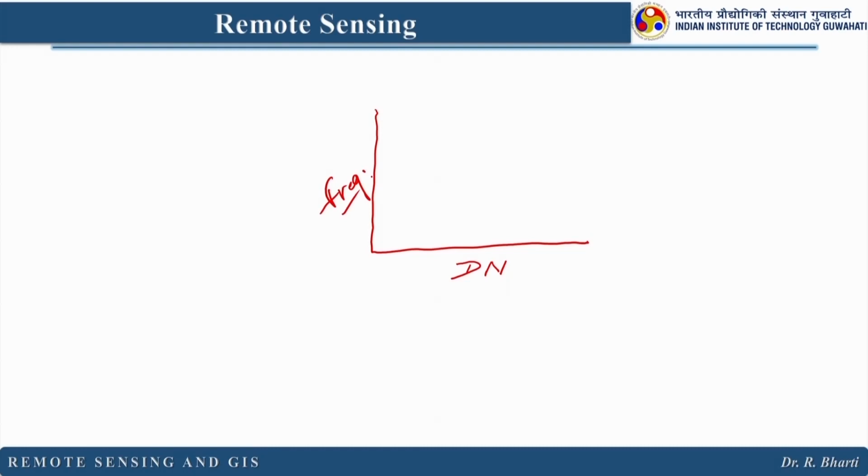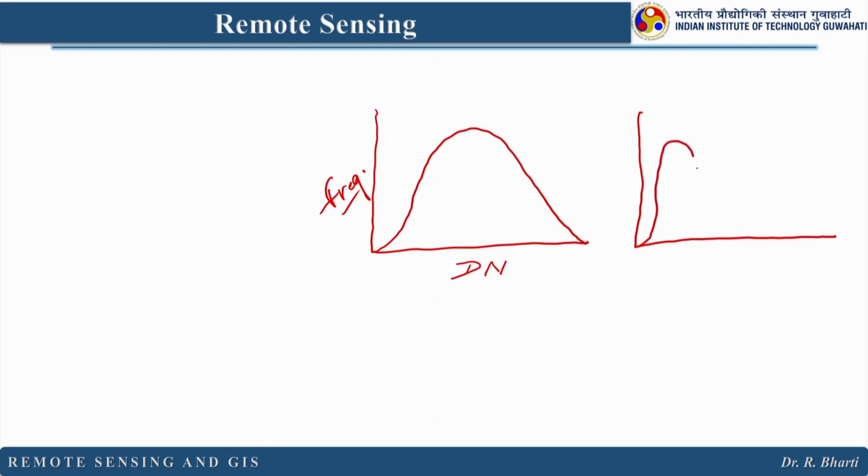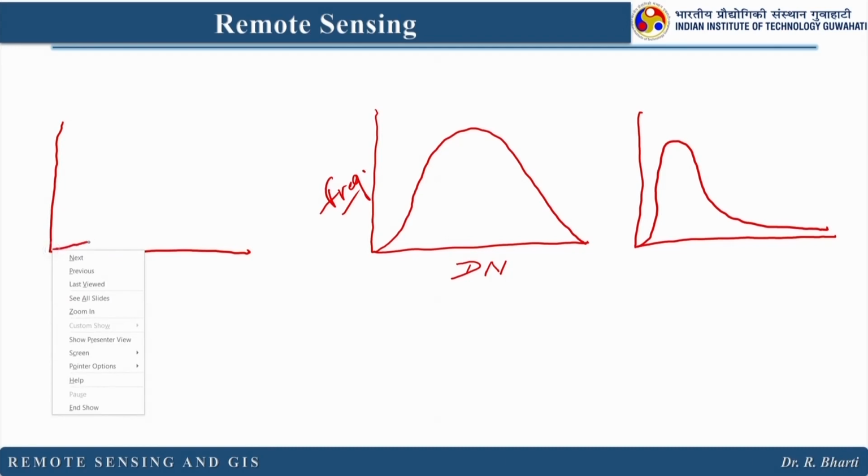For a Gaussian distribution, you may know that you will have this kind of distribution. But when you generate a histogram from an image captured in a natural setting, what will happen? This histogram will appear like this, or maybe it may appear like this.